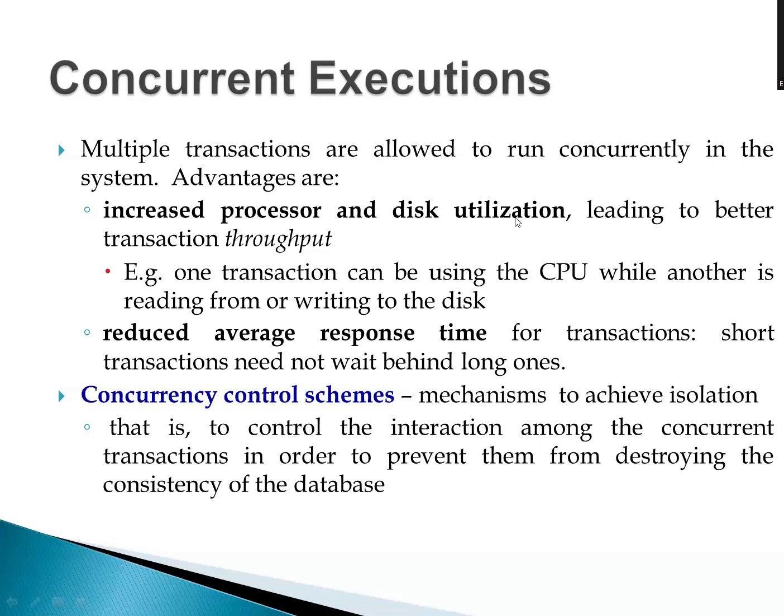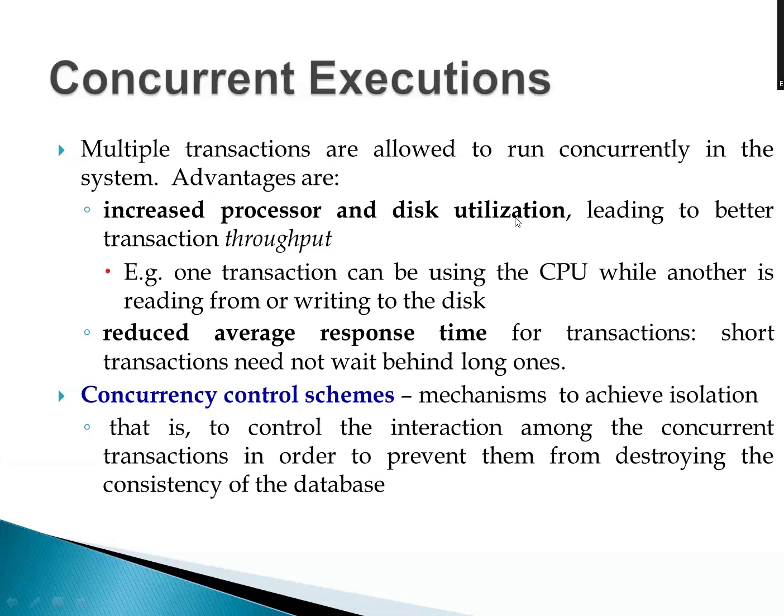For example, one transaction can be using the CPU while another is reading from or writing to the disk. There is also reduced average response time for transactions. Short transactions don't have to wait behind long ones.